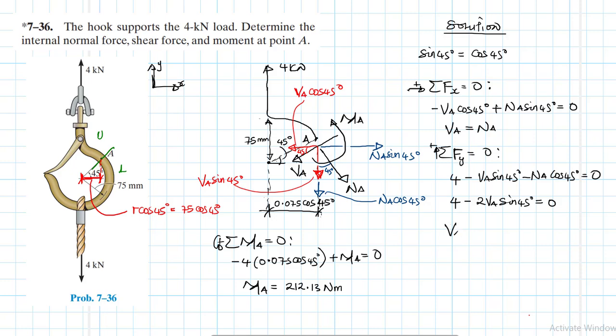Therefore, our VA, which is equal to NA, will be equal to 4 divided by 2 sine 45. This gives us 2.83 kilonewtons. So we have our MA like so, and then we have our VA like so.